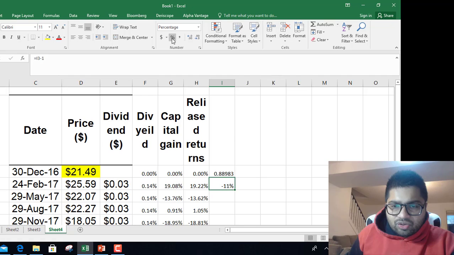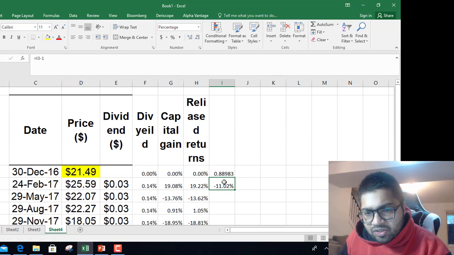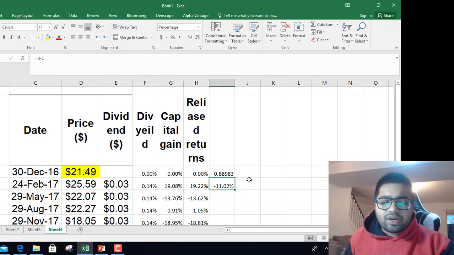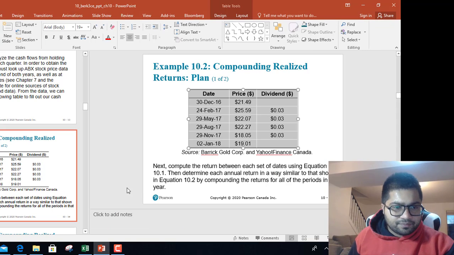So the holding period return for the period that you have held the stock is negative 11.02%. Okay.